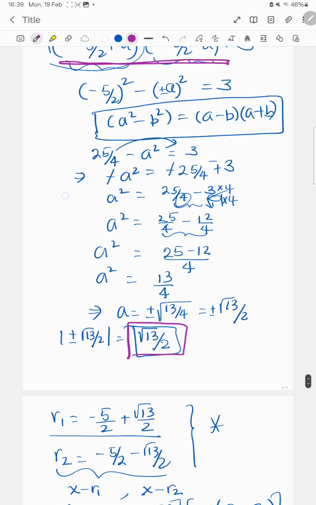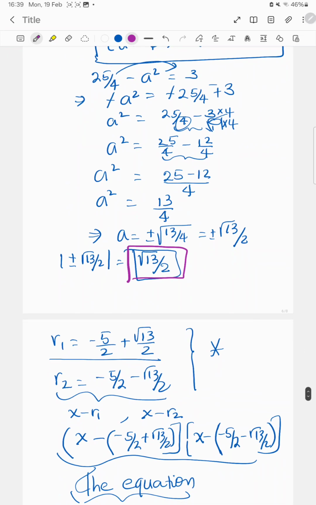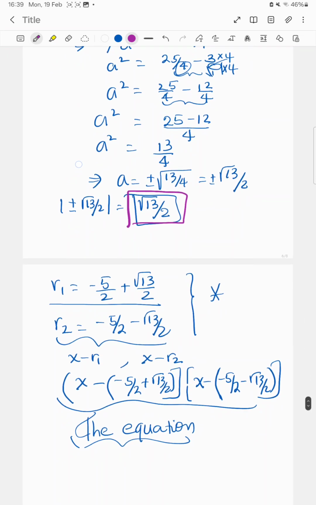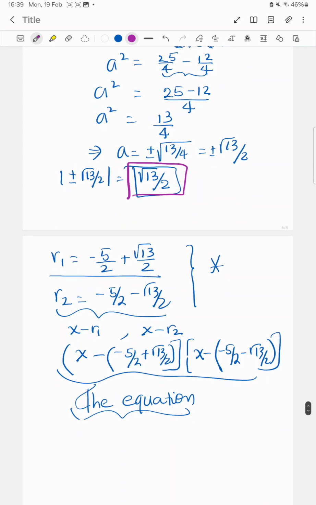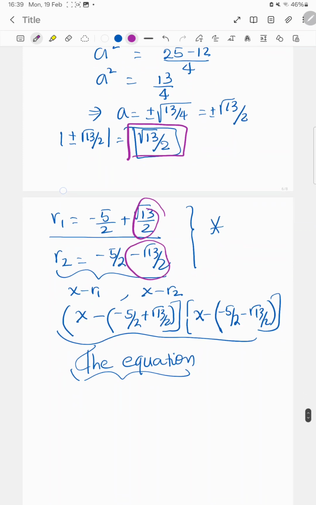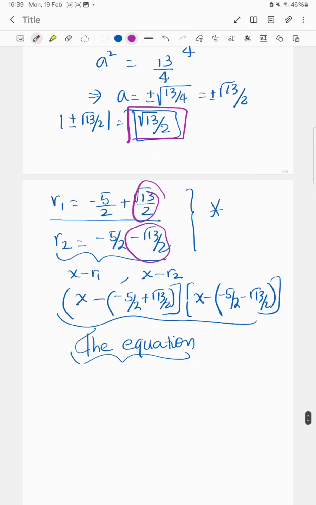This we have done in the previous video. You can go back and have a look if you want more. Then, with that distance, the roots are the center point plus the distance a and the center point minus the distance a. These are the two roots of the quadratic equation.